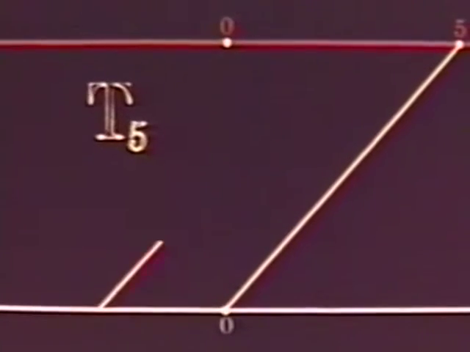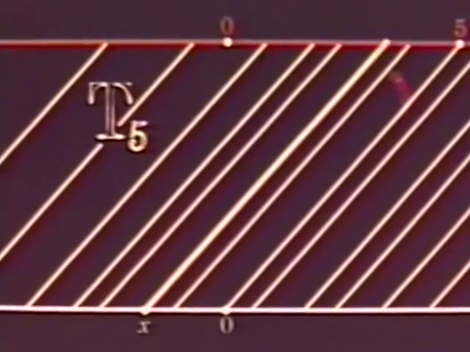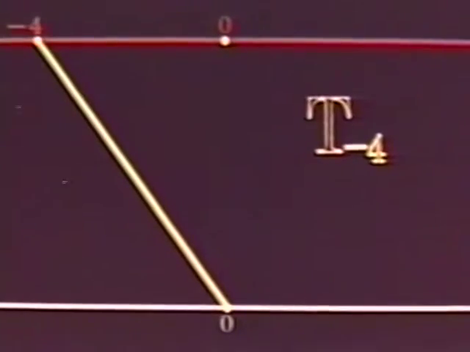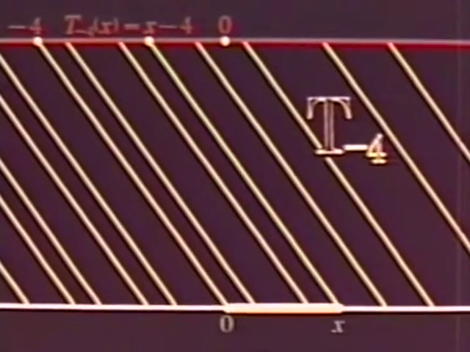For example, t sub 5 maps the origin into 5 and every number x into x plus 5. Every image is the result of translating its pre-image 5 units to the right. For t sub minus 4, the origin maps into minus 4, and the pre-images plot in 4 units to the left.